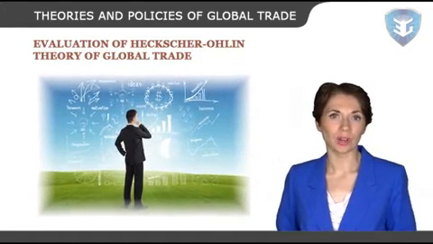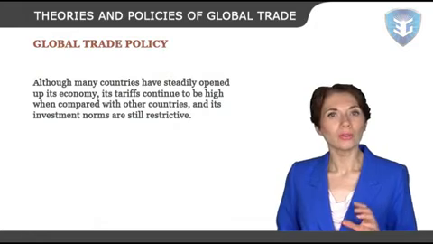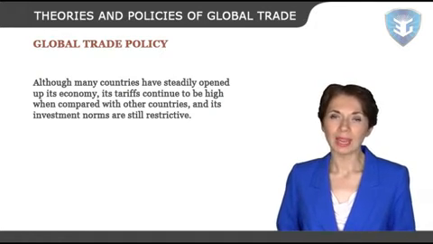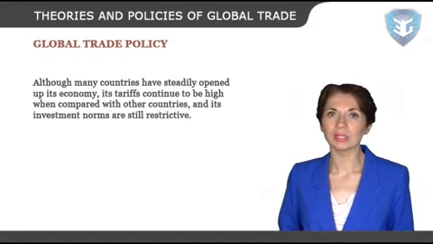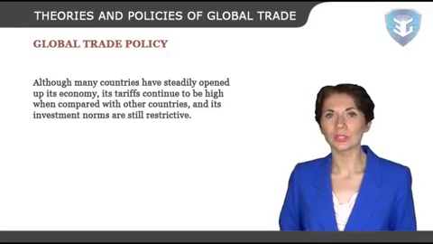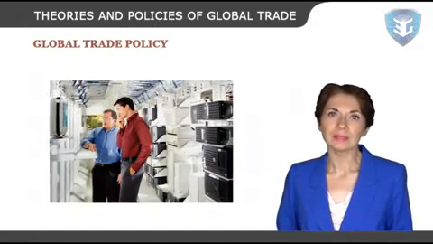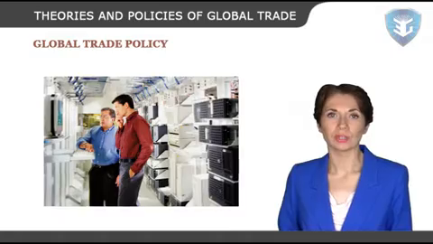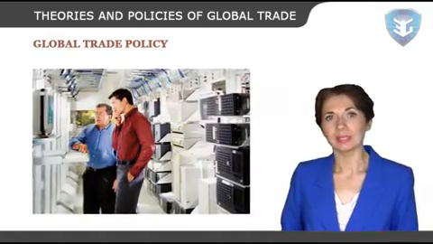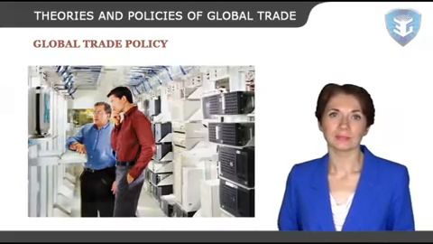dogma of comparative costs. Although many countries have steadily opened up their economy, their tariffs continue to be high when compared with other countries, and their investment norms are still restrictive. This leads some to see many countries as rapidly globalizing, while others still see them as highly protectionist.